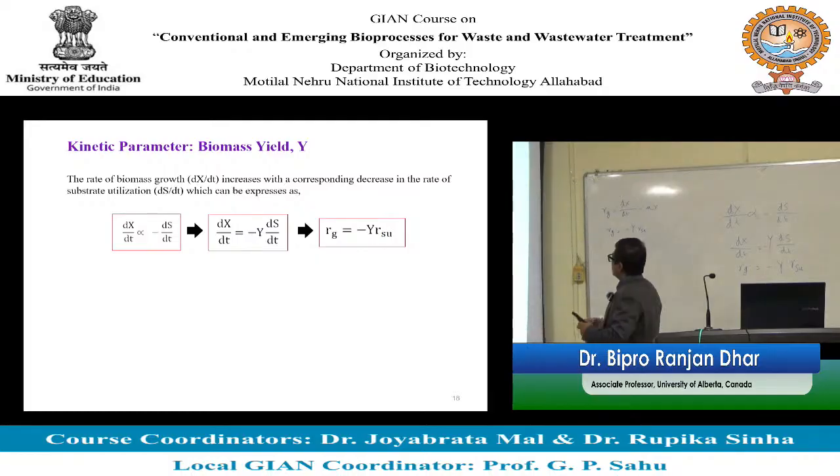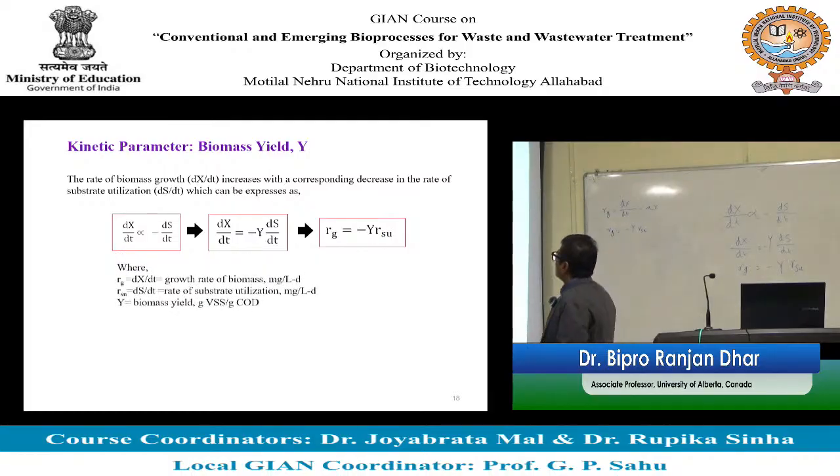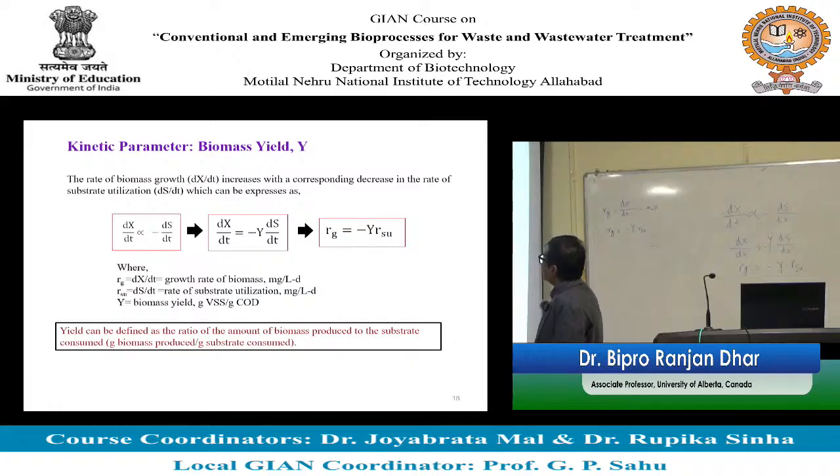Okay, RSU. Now yield can be defined as the ratio of the amount of new biomass produced to the substrate consumed. If you look into the units, it is grams of biomass produced per gram of substrate consumed.